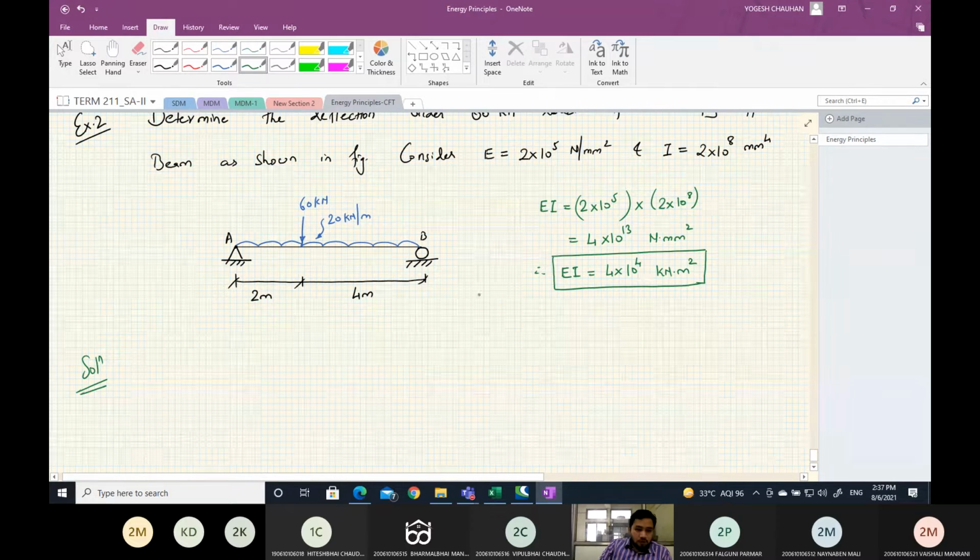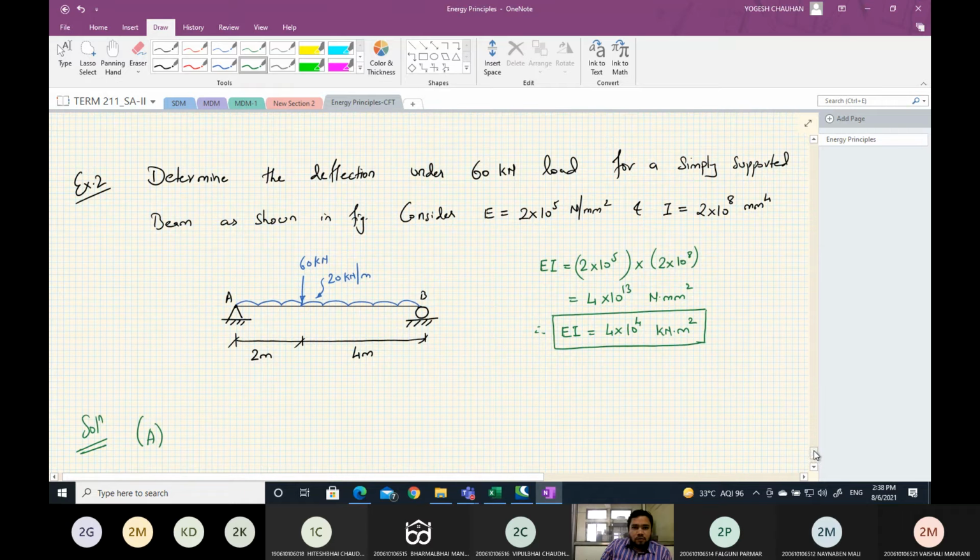Next step, here we have to find the support reactions. Let us say this is point C, and we have been asked to find the deflection at C. Only deflection, not slope.